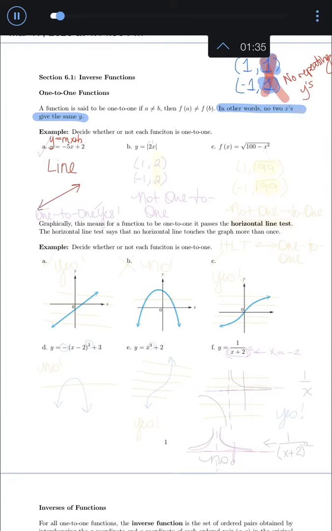What's nice about lines is each x that you plug in is going to have a different y value. So that's the idea with one-to-one functions, is each x value has to have its own y value. That's what happens with lines. So, will this be one-to-one? Absolutely. Yes.